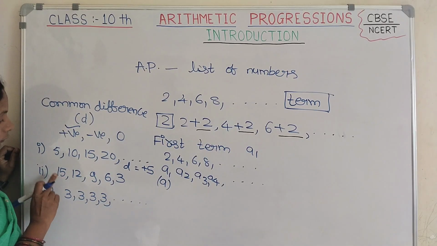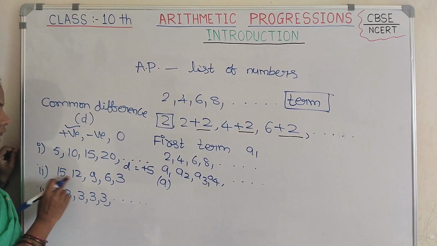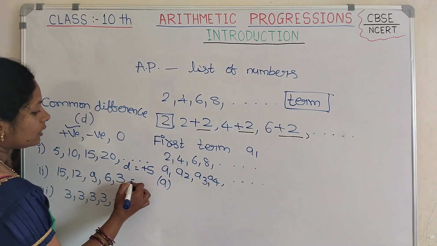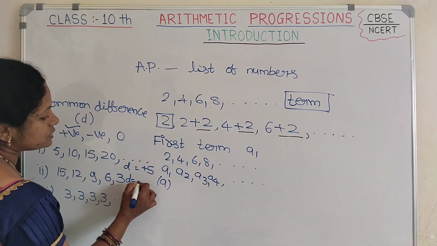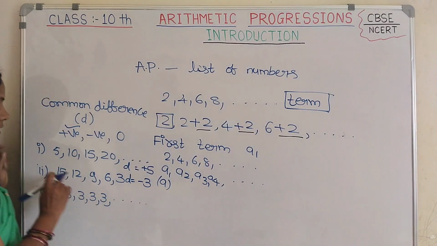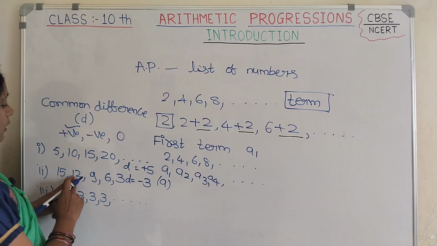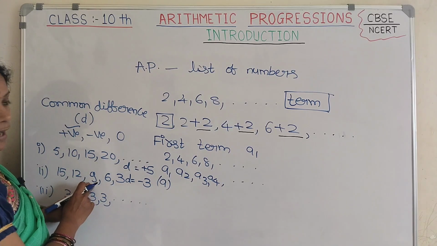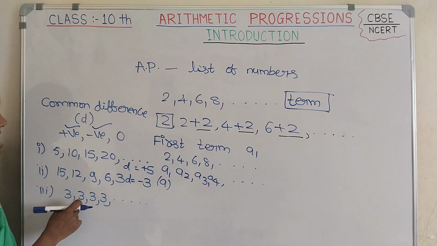Next, if we do 12 minus 15, the common difference is negative. d is equal to minus 3. Because if we do 15 minus 3, are we getting 12? 12 minus 3, are we getting 9? So the common difference is negative here.